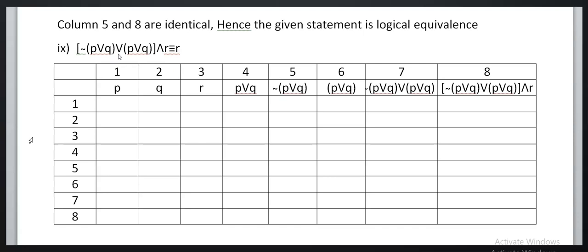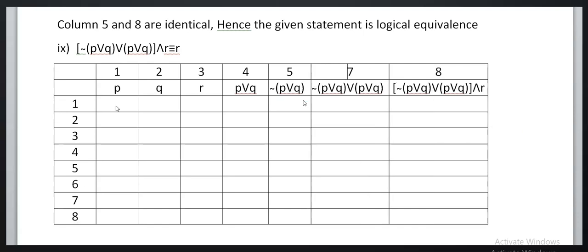Here is R in between, that is the negation of P or Q. Therefore, first we will find out P or Q and their negation. That is 4T and 4F.